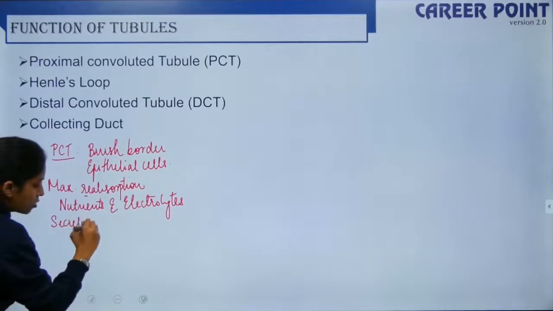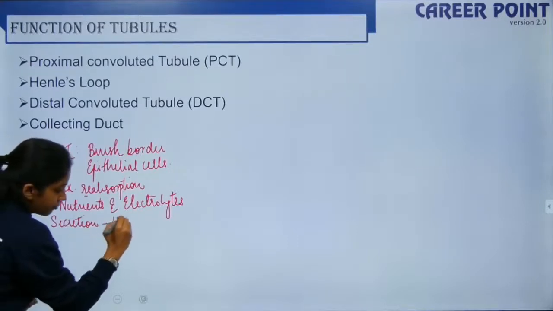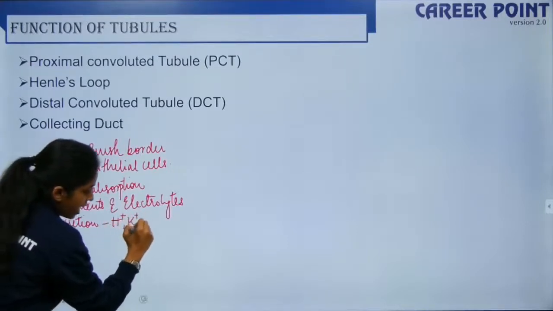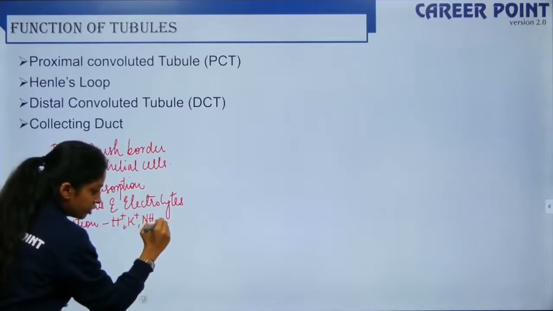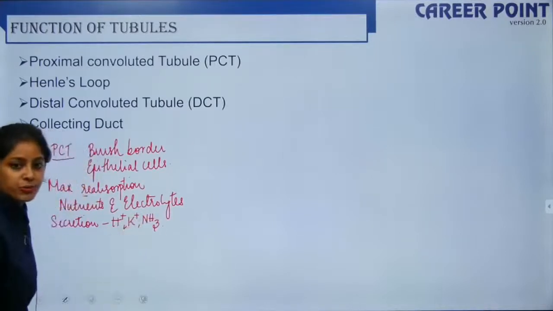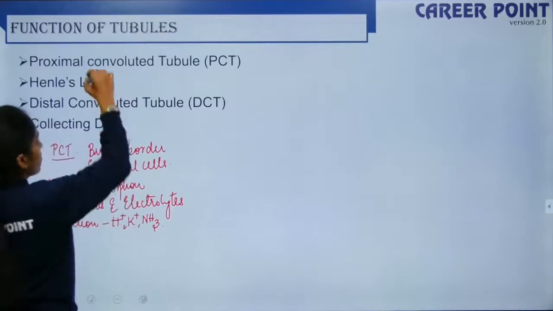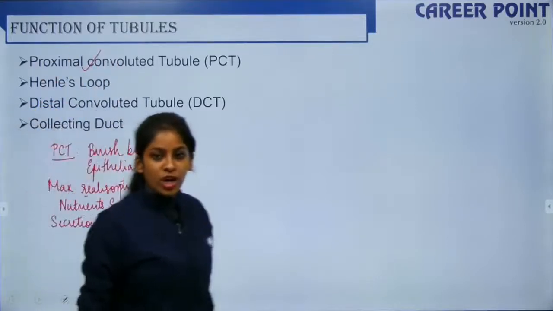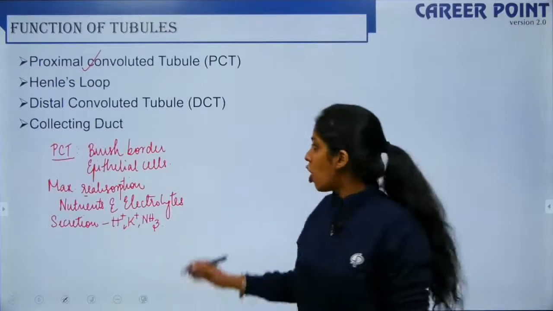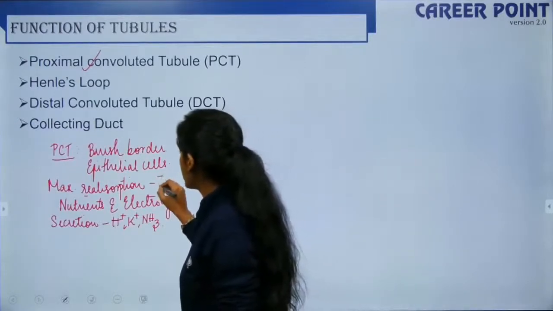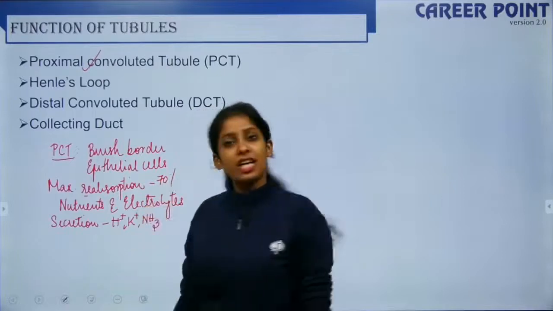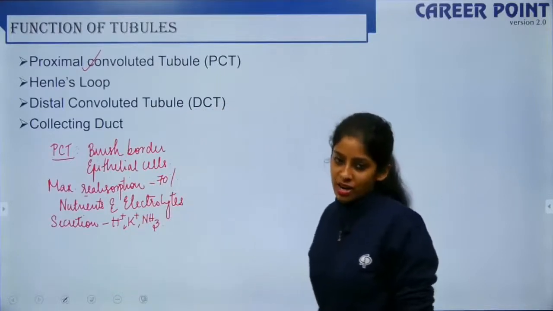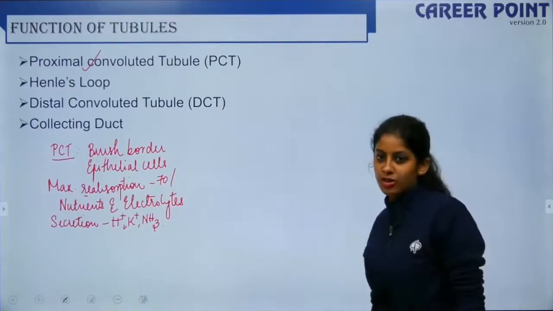So it also secretes H+, K+ and ammonia into the filtrate. So this is the function of your PCT. So PCT is easy to study. Okay. So almost 70% is reabsorbed here. So this includes your essential nutrients and your electrolytes. Yes, you're absolutely right. Okay.